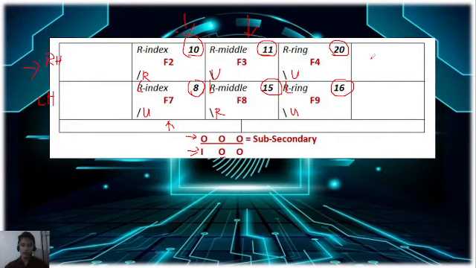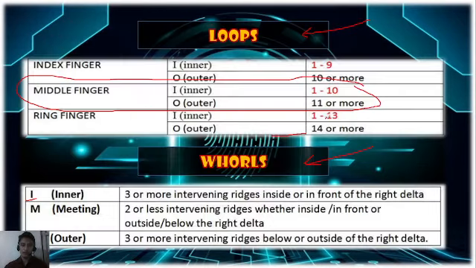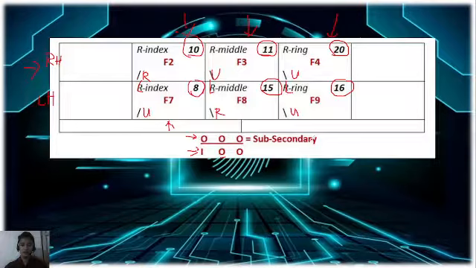So, outer din po. And going to the ring finger naman, 20 intervening ridges or 20 ridge counts and 16 ridge counts. Okay? Is it outer or inner? So, tingnan natin yung table naman na magagamit for the ring finger is this. So, inner, 1 to 13, and then outer, 14 or more. Okay, so pasok ba sa inner? Parehas po sila na pasok sa outer.